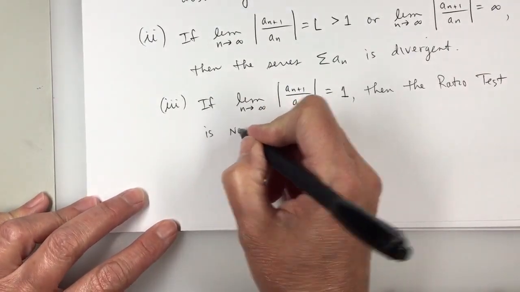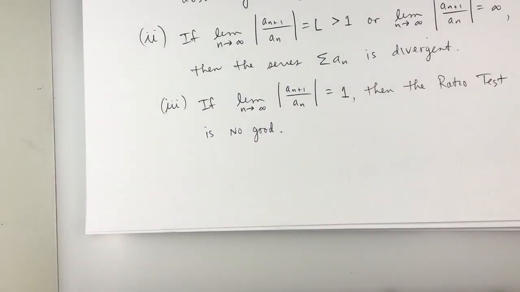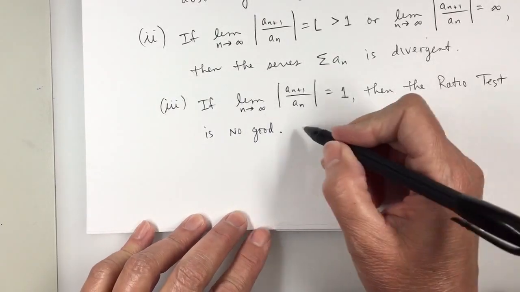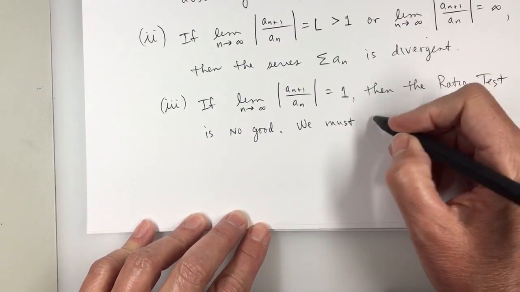I'm going to put is no good. So we have to try something else. We cannot conclude whether it converges or diverges. Is no good. We must try something else. That's the stuff in the beginning of the chapter.